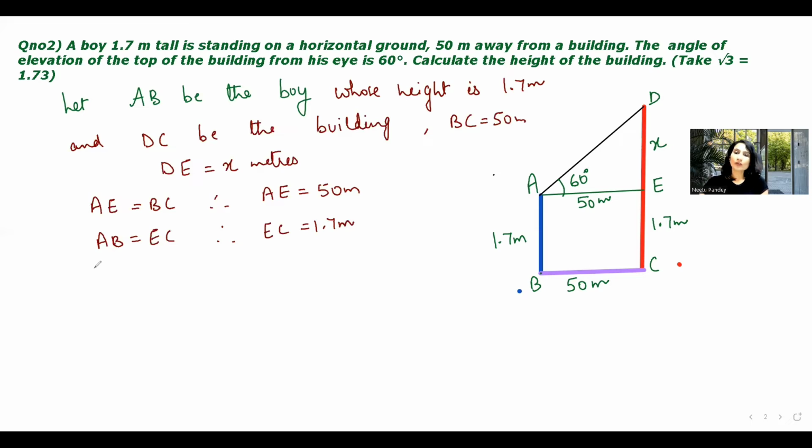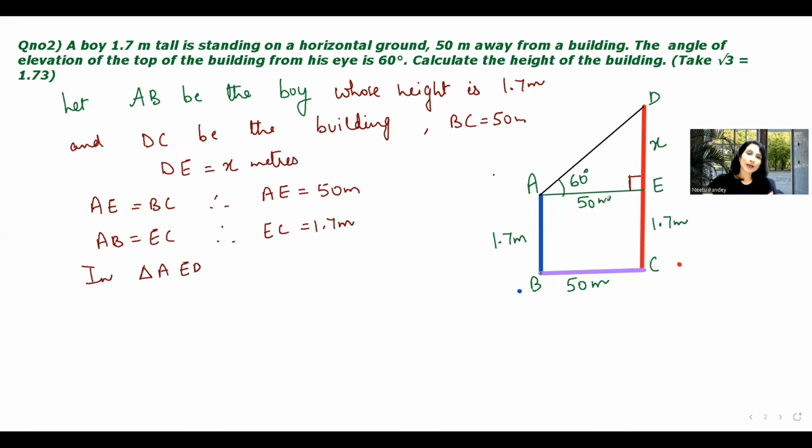So now in triangle AED, this is a right angle here. Again, if you look carefully, the side opposite to the 60 degree angle is DE. This is what we have to find, DE, and AE is the adjacent side.